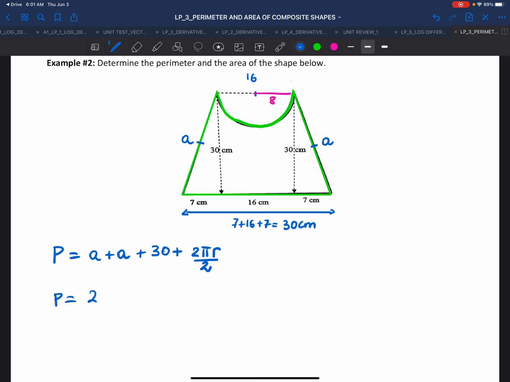So then we have 2a plus 30 plus pi r. Where now, one thing that we probably noticed already is that we don't know the value of a as of yet. And we already figured out the value of r.